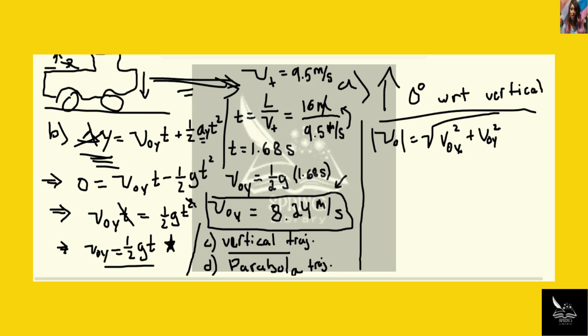So the v naught x is actually this v sub t here, and the v naught y is what we have here. So we'll run through this and plug in what we know. v naught x being the 9.5 squared, and the v naught y being this 8.24 squared.